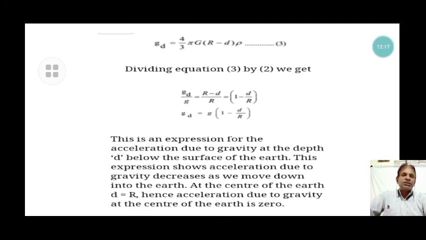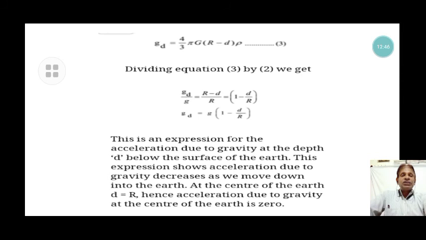Dividing gd by g, 4 by 3 pi G is cancelled, and the density also cancels. We get the ultimate value R minus D by R, which is 1 minus D by R, where D is the depth below the earth's surface.